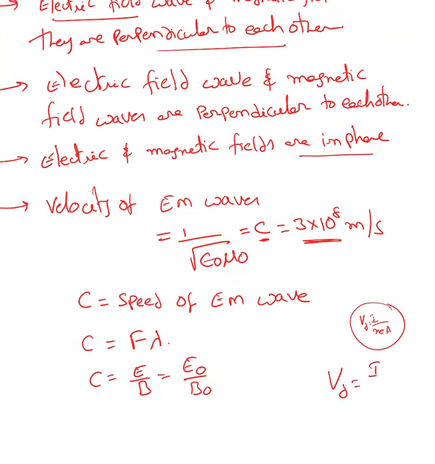Vd equals I over the number of free electrons in that conducting material times the charge of the electron and the area of that conductor. So it varies based on these numbers, but that variation is very small. Basically that value will be around 10 to the power minus 4 to 10 to the power minus 5 meter per second.